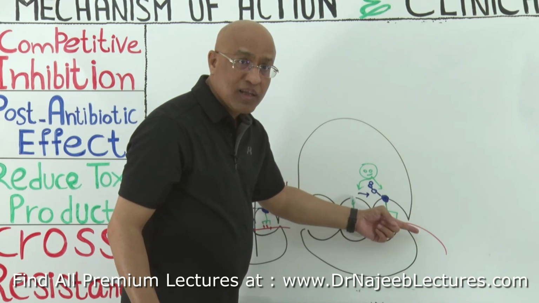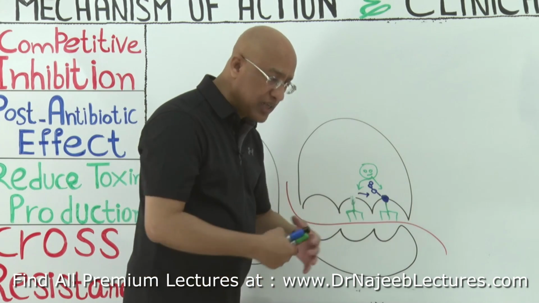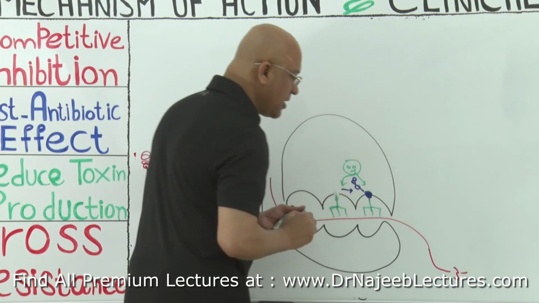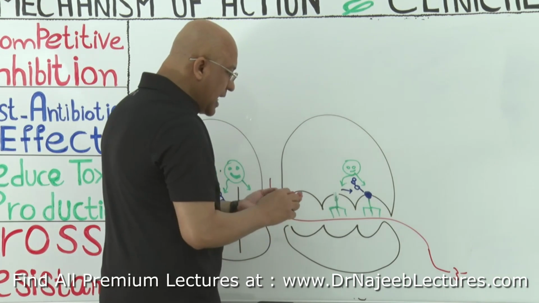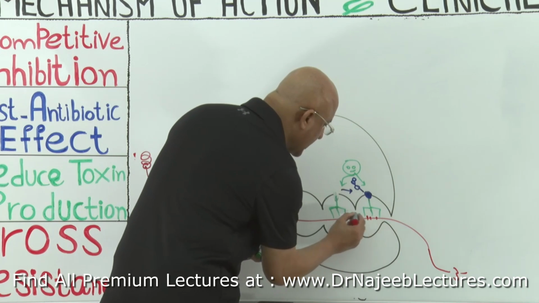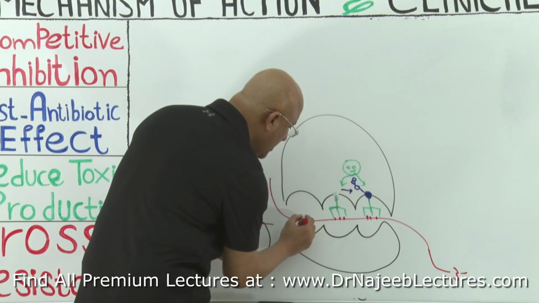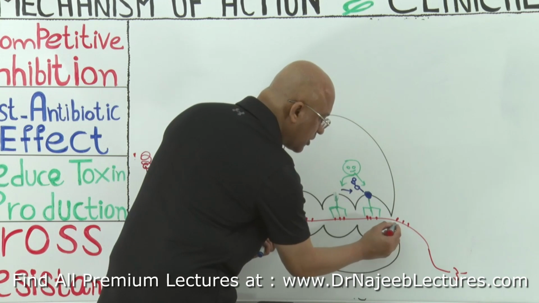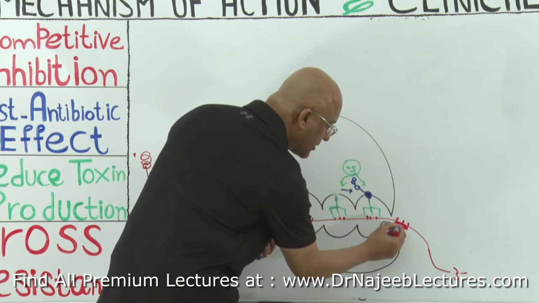It will move down along the messenger RNA towards its 3' end. Previously these were the codons, right? Now it will move, suppose, to this codon. I will highlight this codon like this.